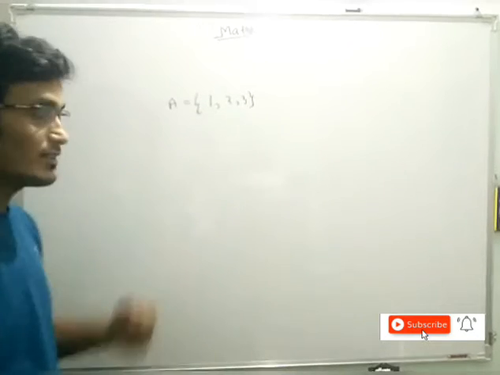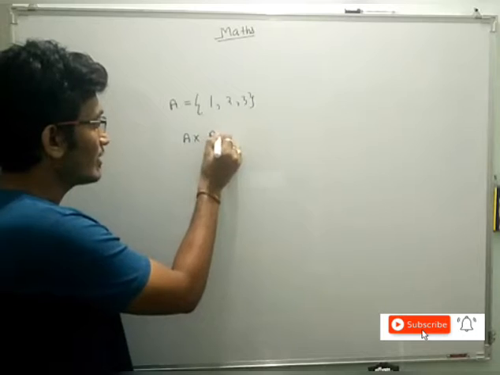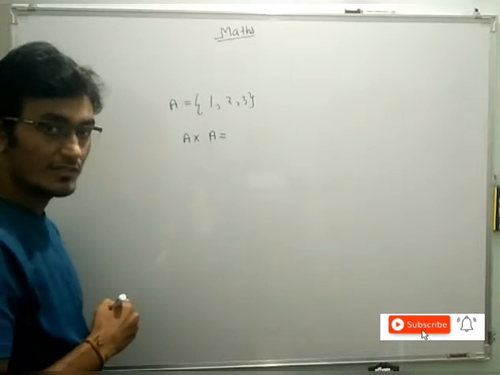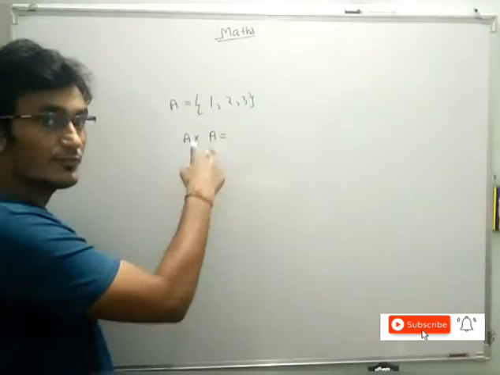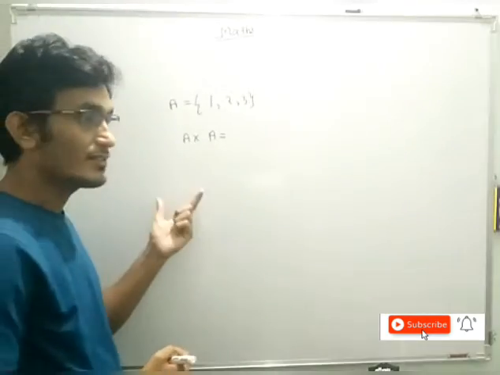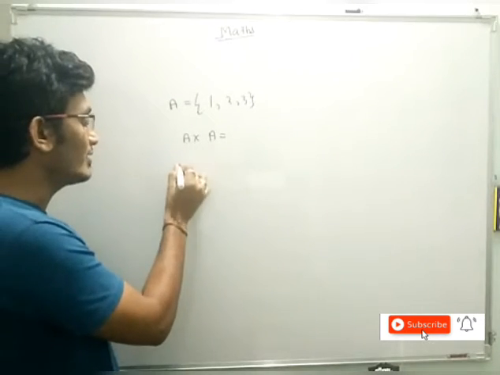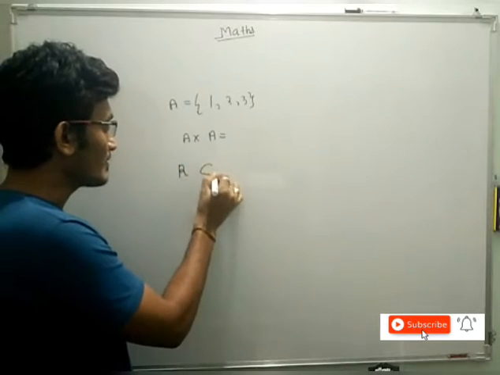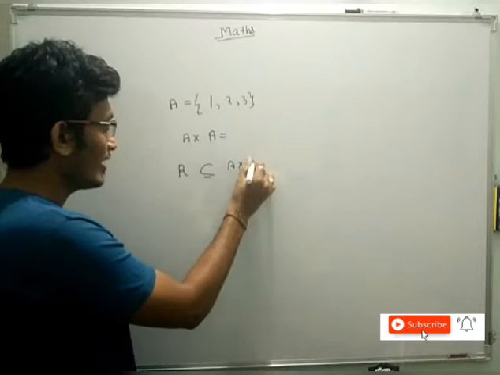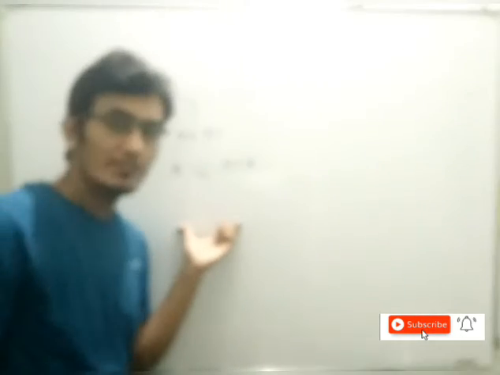Yes, we can easily find the Cartesian product A cross A. In this case, the relation should be a subset of A cross A. Clear?